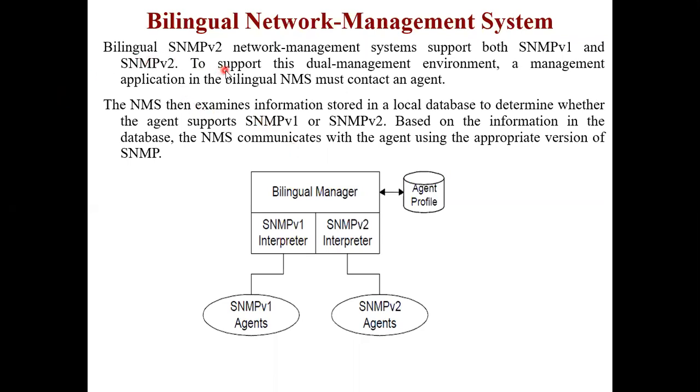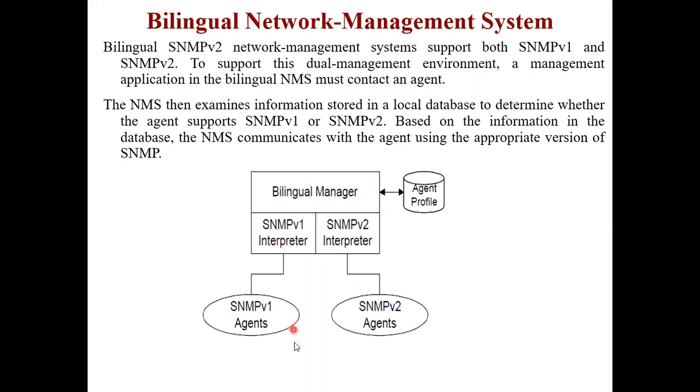Okay, so the bilingual SNMP version 2 network management system supports both version 1 and version 2. There is no scope of version 3 over here. So what we want is to support this dual management environment. A management application in the bilingual NMS must contact an agent.